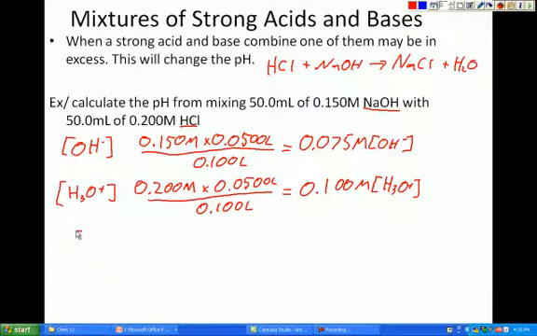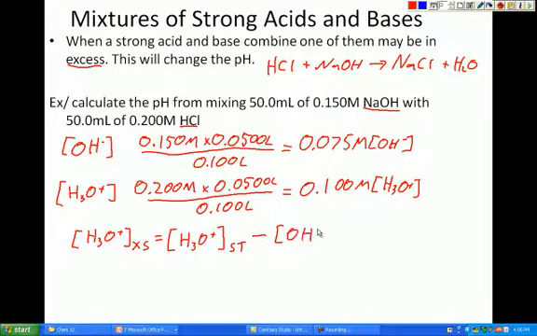Well, we can figure this out using this kind of equation, where we can figure out H3O plus, and I'm going to write XS as in excess, is equal to our H3O plus minus our OH minus.